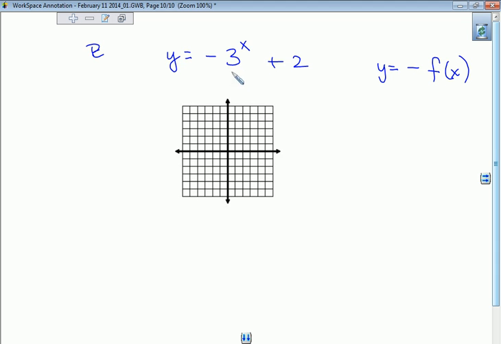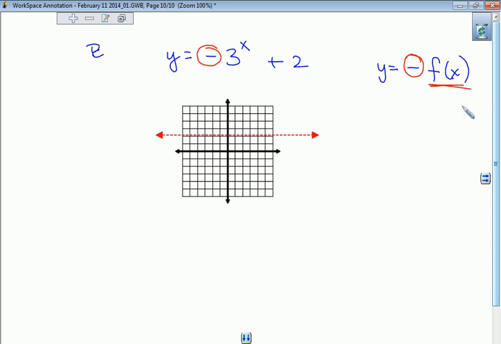And this is B on your worksheet at the bottom, if you want to do it with me. Okay, where's the asymptote? Up 2. But this time, guys, the negative is in front. What does a negative in front of a function do to that function?